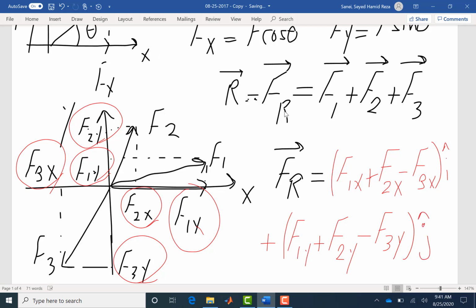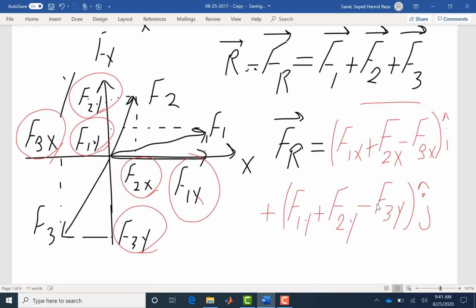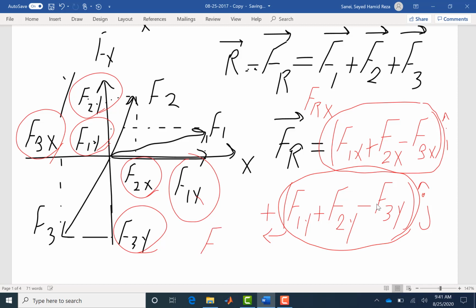The unit vector tells me the direction of these components. So this total would be the x component of our resultant force, usually denoted by FRx. And this one would be FRy.